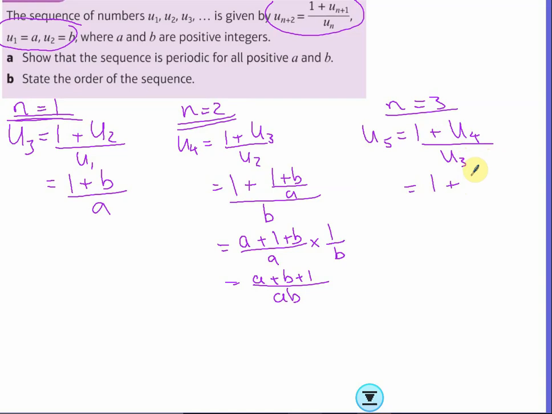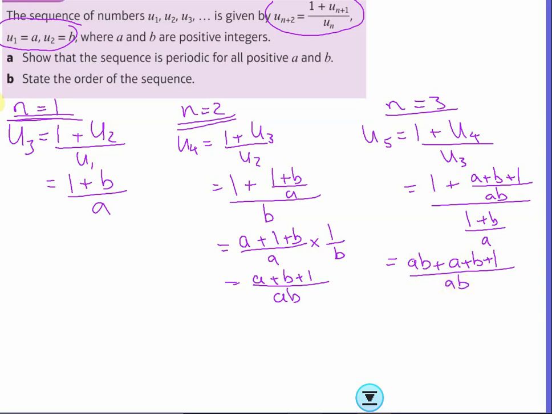So 1 plus a plus b plus 1 all over ab, over the third term, which was this one over here. So 1 plus b all over a. Right. So let's deal with this top. So that's going to be ab plus a plus b plus 1 all over ab.